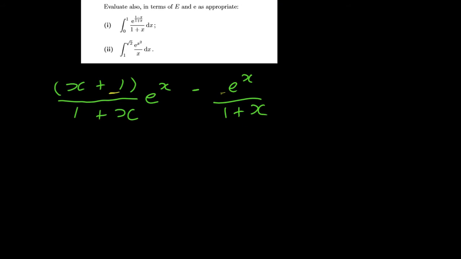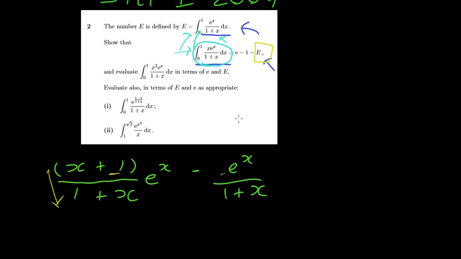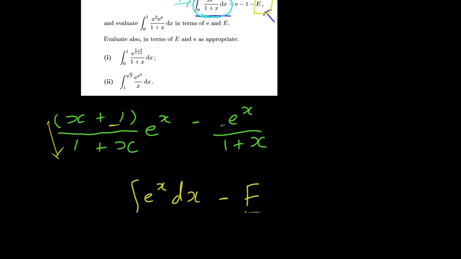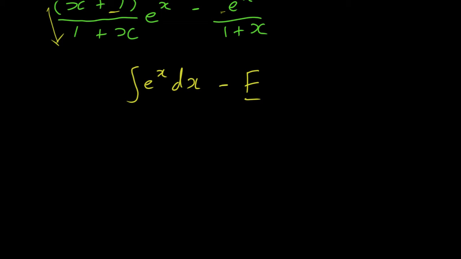What that means is the integral just becomes, you see this, the denominator is now the same as the coefficient of e to the x. So actually that just becomes the integral of e to the x. Okay, and then of course this is just minus e, because our limits matched up, so that was fine. So then the other thing is just calculating the integral of e to the x between 1 and 0.